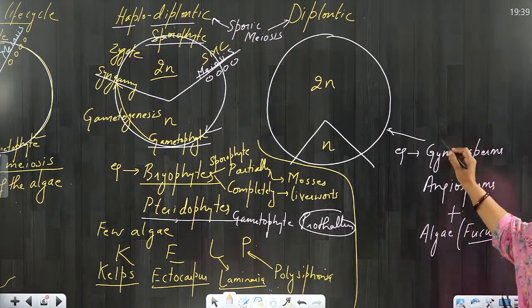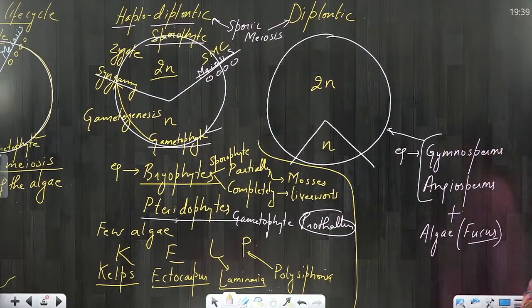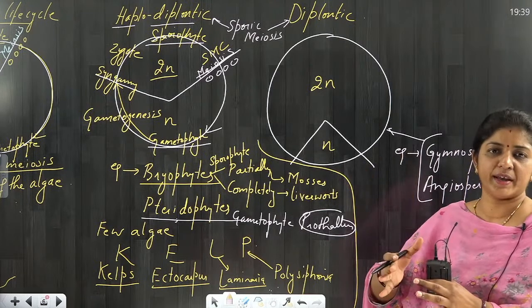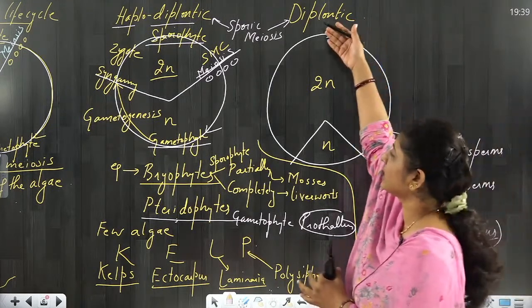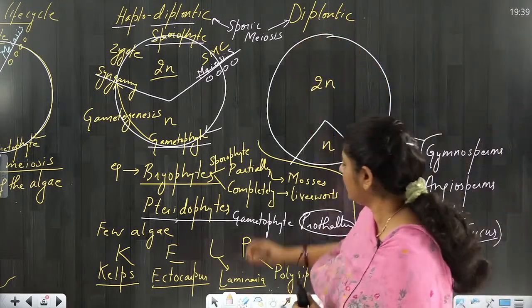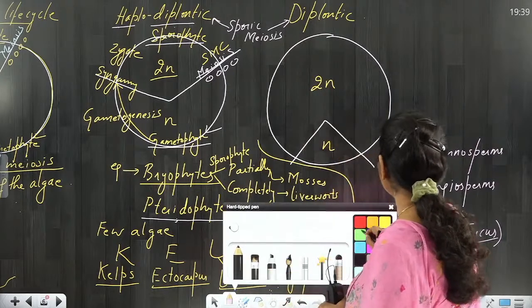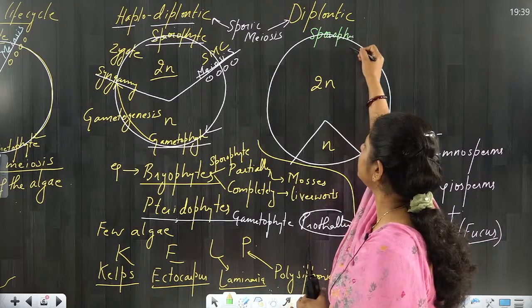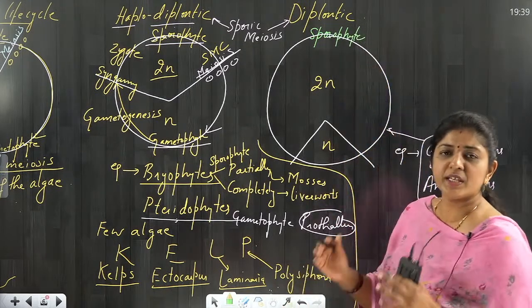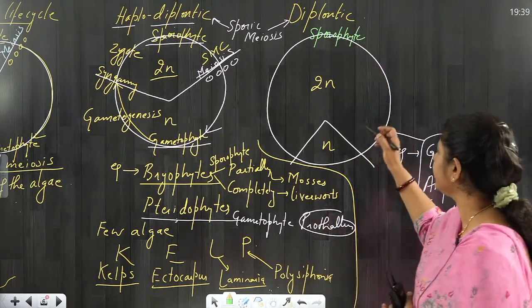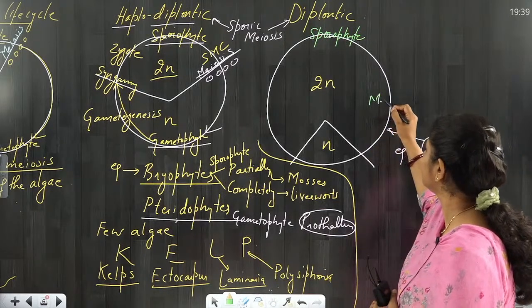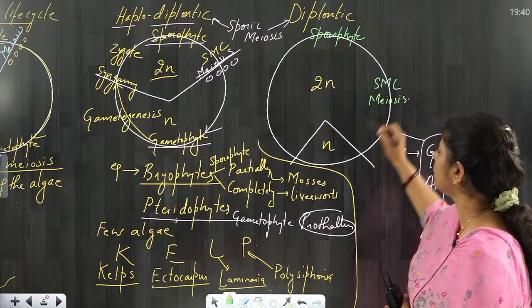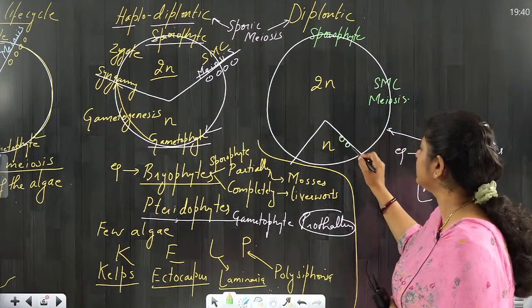But here we mainly discuss gymnosperms and angiosperms. What is the basic plant body here? Sporophyte, so we have to start discussing from the upper side. The main plant body is the sporophyte, both in gymnosperms and angiosperms. What is the responsibility of the sporophyte? They show meiosis in their spore mother cells to form the spores.